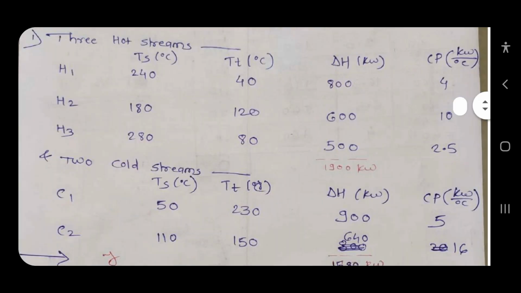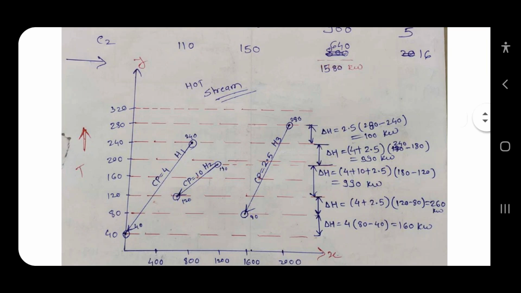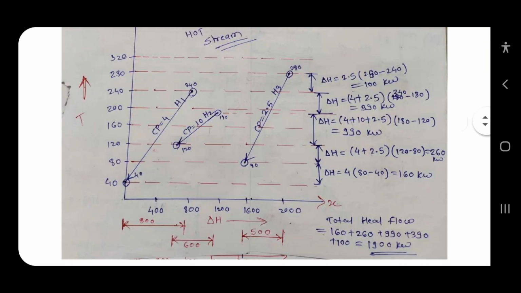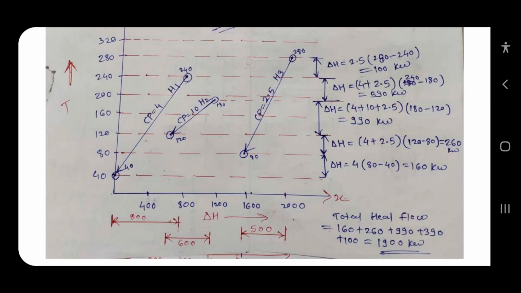I will draw the line from 240 to 40, keeping delta H as 800. The range between 240 and 40 is valid for only 800.